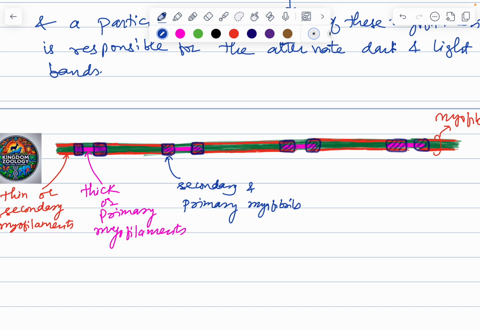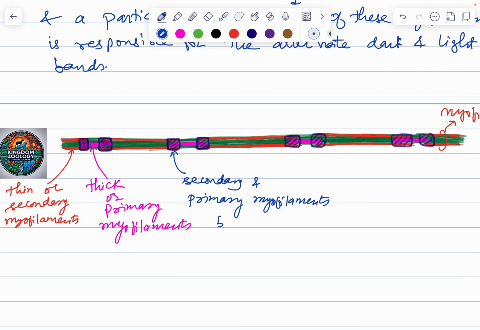Okay. So now in the areas where the proteins, the secondary, that is thin, and primary, that is thick, myofilaments, both are present, these areas appear dark.